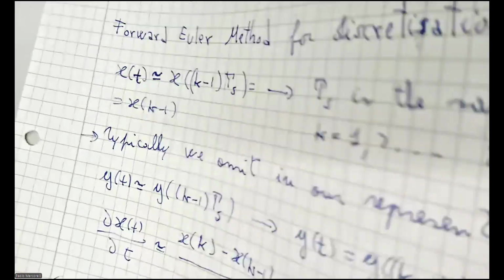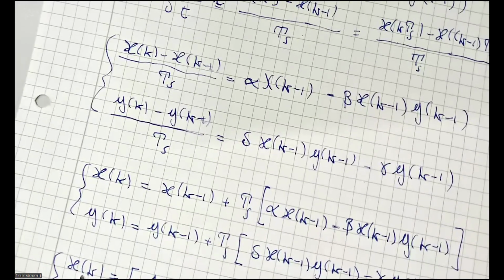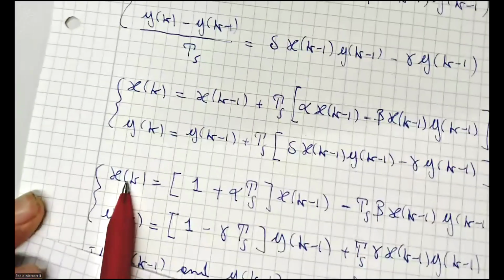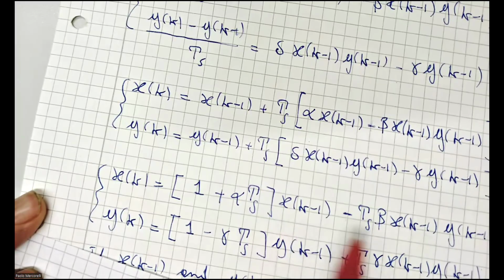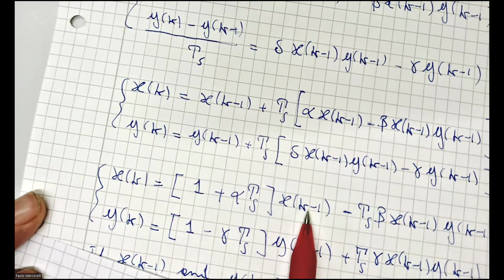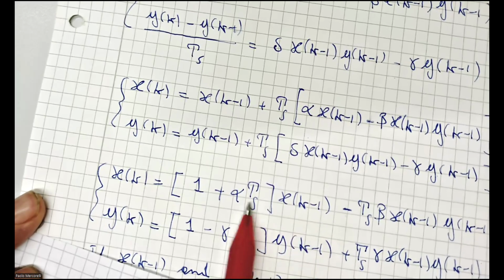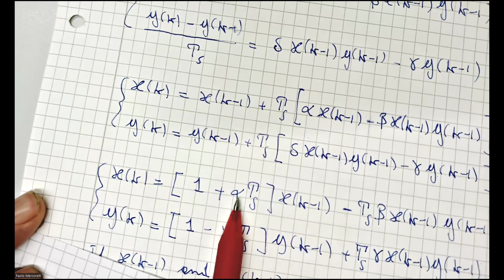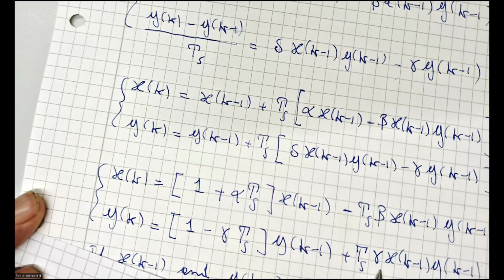Now I have two equations which allow me to predict what happens tomorrow, if I know what I have today for x and y, because k minus 1 represents today. Assuming that Ts is given, and that I am able to identify alpha, beta, gamma, delta.